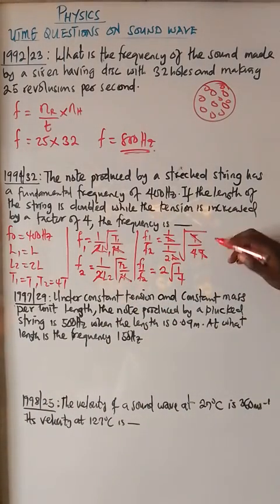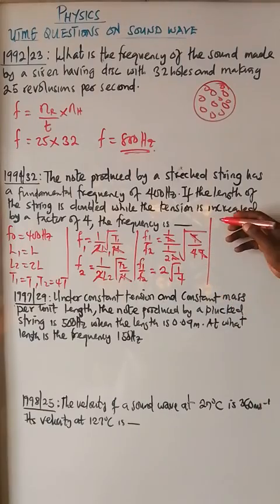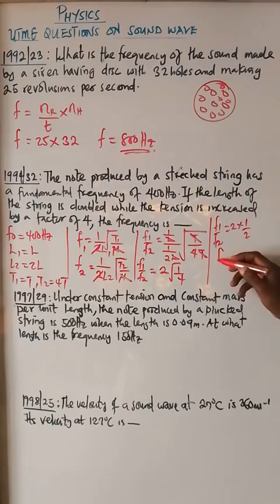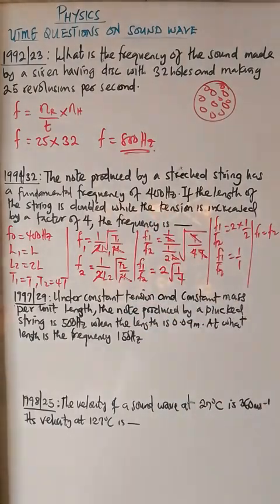If it's confusing, do it by yourself the way you understand. That's 2 times root 1 is 1, root 4 is 2. So that's 2 over 2. So F1 over F2 is 1 over 1, which means F1 equals F2. Since F1 is 400, F2 is still 400. So the frequency remains unchanged.